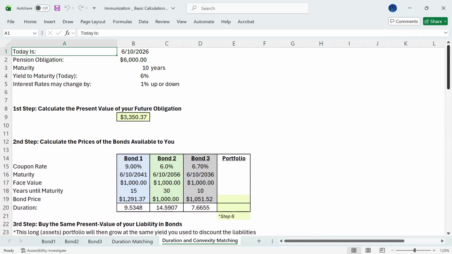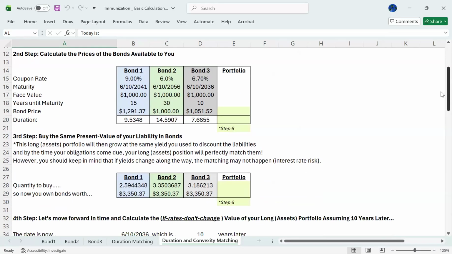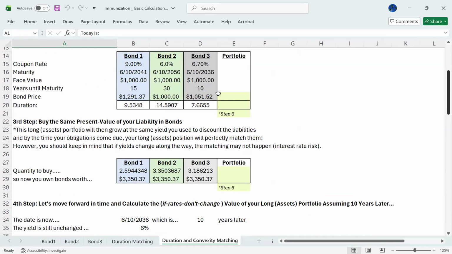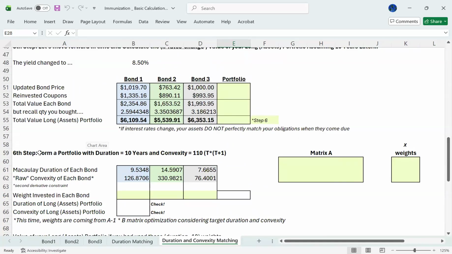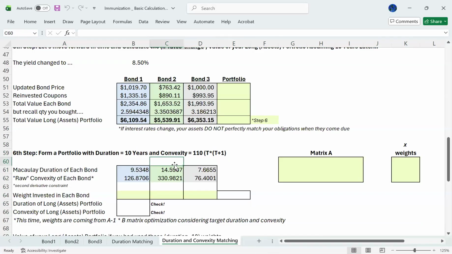So I have just moved to the next sheet. Now in this sheet, let's also look at convexity. So let's not just do duration, but let's also look at convexity. Okay, and once again, we're going to keep these portfolio calculations until the end. And then let's focus on this particular problem. Okay, so now we have here the calculated duration for each one of the bonds.